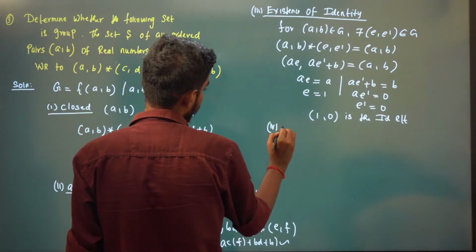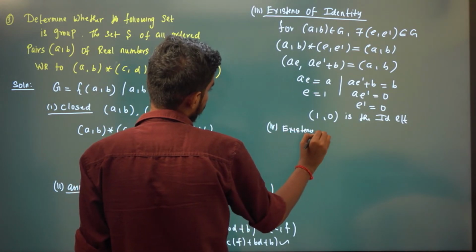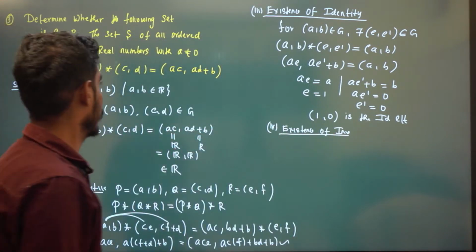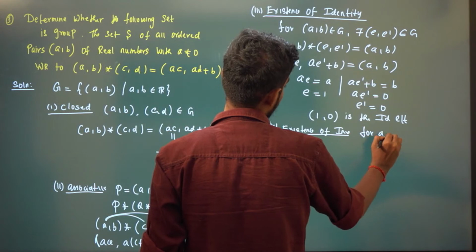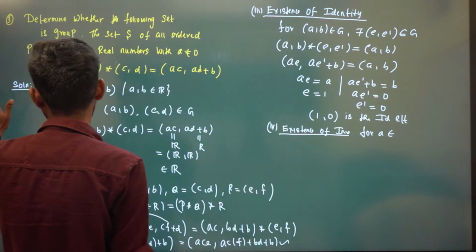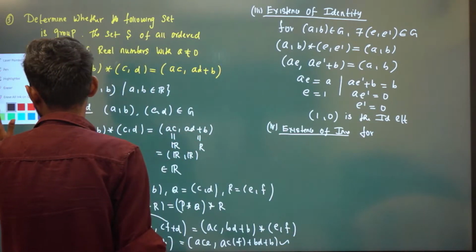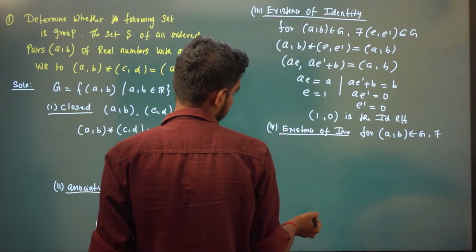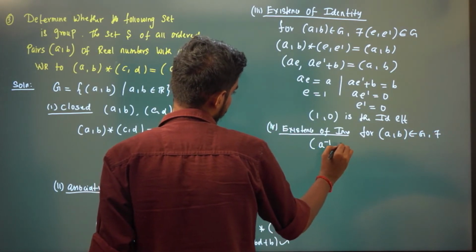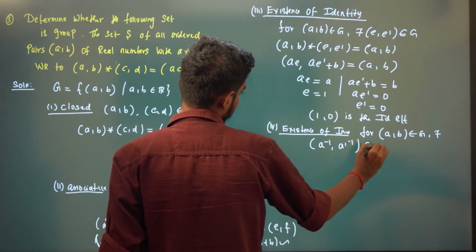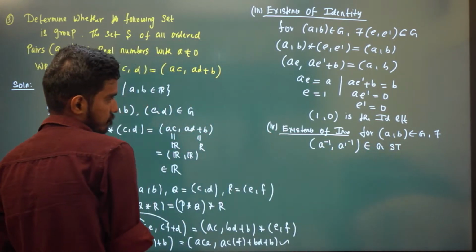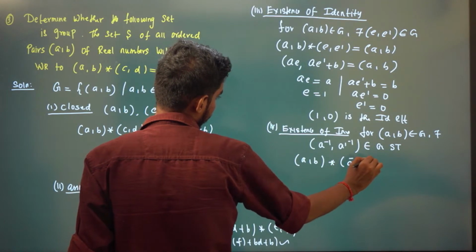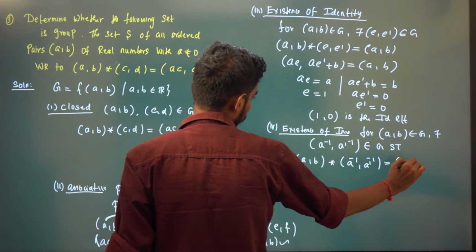Existence of inverse. For A belonging to G, okay, let us write (A, B) belonging to G. There exists, let us write the inverse as (A inverse, A dash inverse) in G, such that if you operate (A, B) with (A inverse, A dash inverse), you have to get the identity element, which is (1, 0).